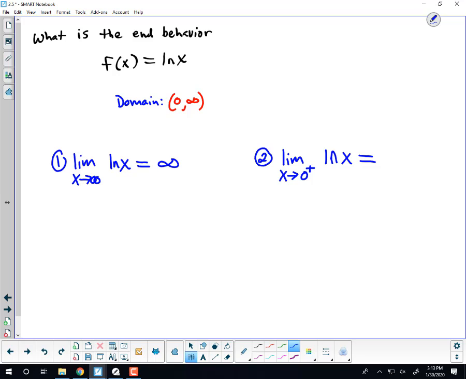Negative infinity, right? Remember, natural log of x looks like this. e to the x had a horizontal asymptote at y equals 0. So when we invert that, the horizontal asymptote becomes a vertical asymptote at x equals 0. So as we approach 0 from the right, this function just keeps dying off.